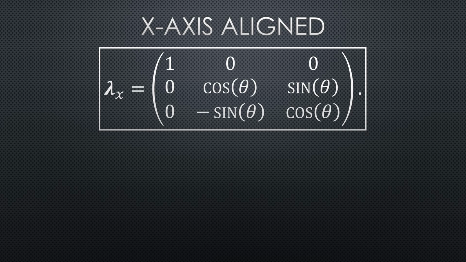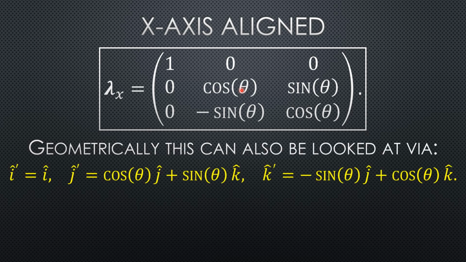So what we say here is that the rotation matrix about x, rather, is this. Now, we can have the same continuity of thought geometrically if we consider that in this case, since we're rotating about the x-axis, i hat prime equals i hat.